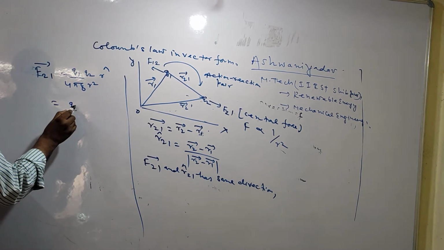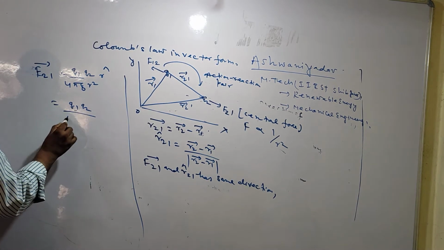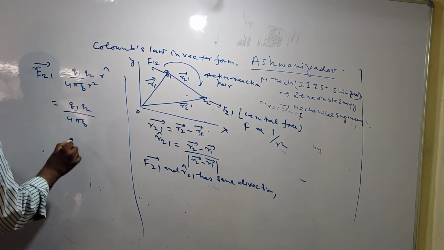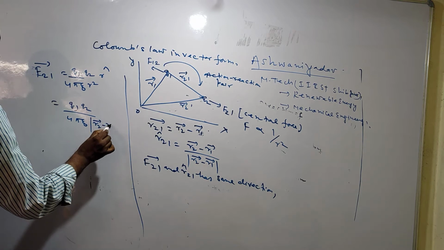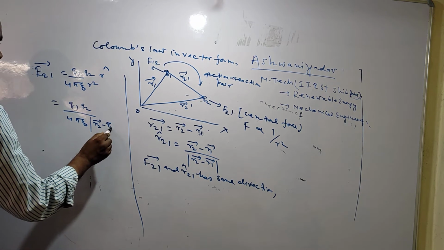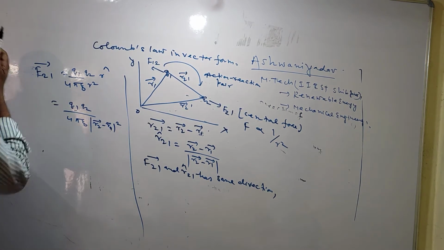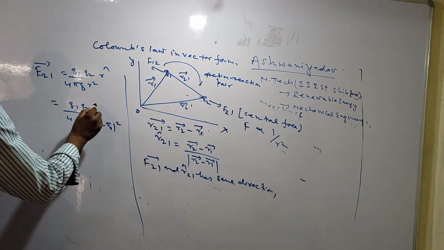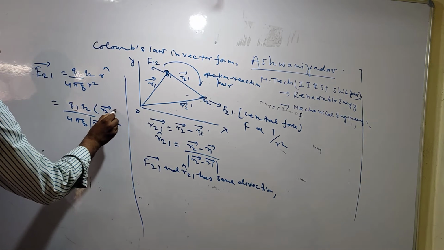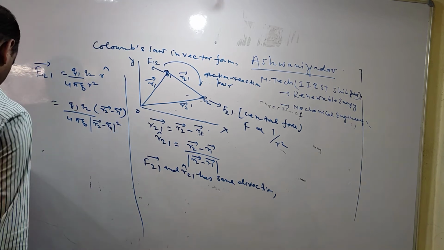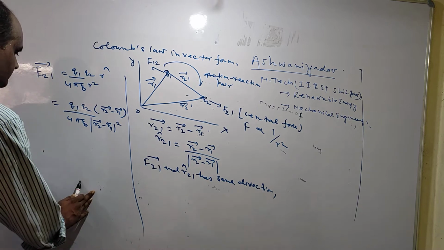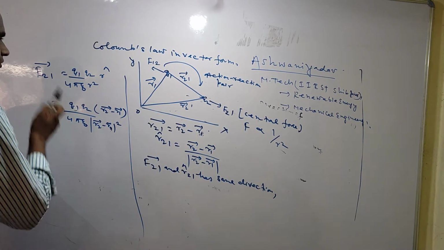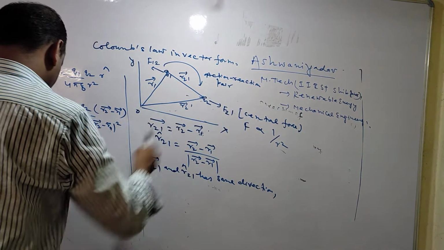So F equals q1 q2 by 4 pi epsilon naught r square, times r2 minus r1 vector by its magnitude. This is the expression for Coulomb's law in vector form.